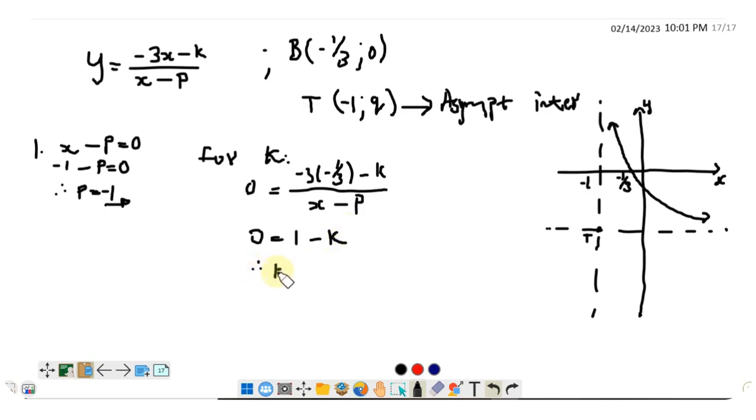Therefore, k equals to 1. So we have p and we have k.